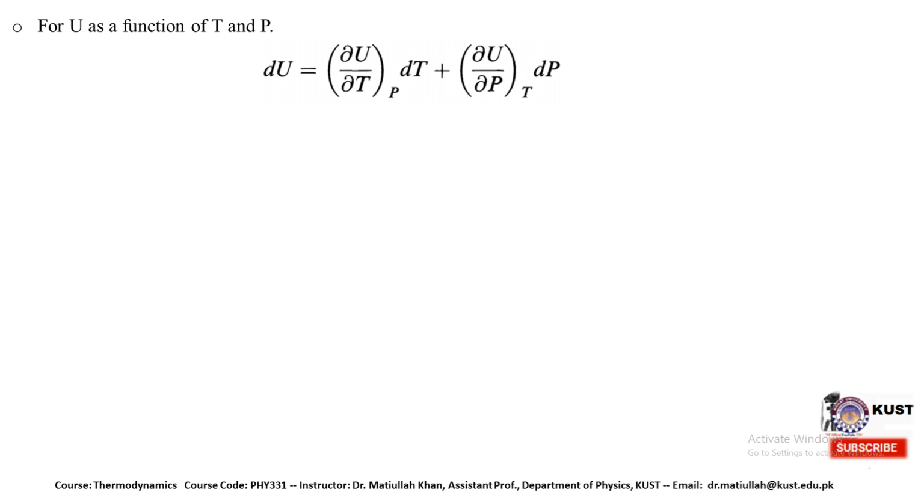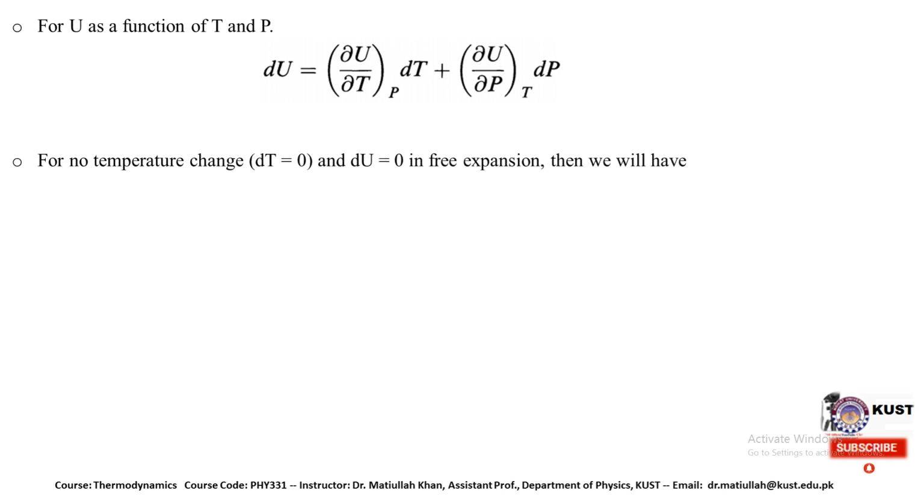A further conclusion: if we consider that U is a function of temperature and pressure, we can write dU = (∂U/∂T) at constant P dT + (∂U/∂P) at constant T dP. So we apply the adiabatic free expansion condition.